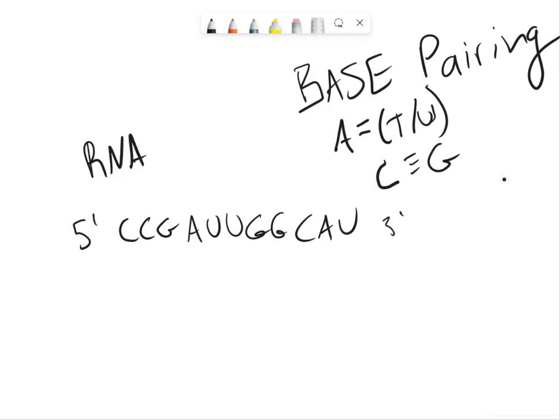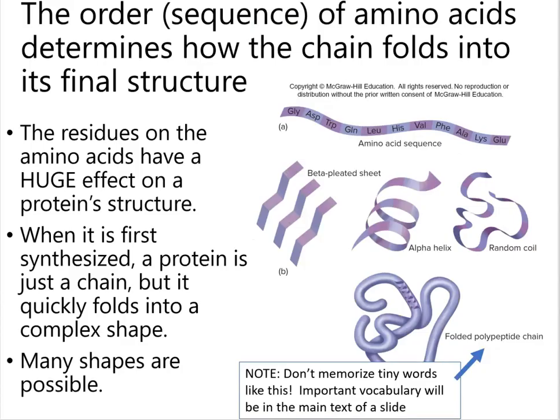And that's it. That would be a short molecule of RNA. A messenger RNA might be something like 1,000 nucleotides long. And the human genome is made of DNA, and it's something like 3 billion nucleotides long. So this short little sequence I can make up is just nothing compared to how long these things really are.